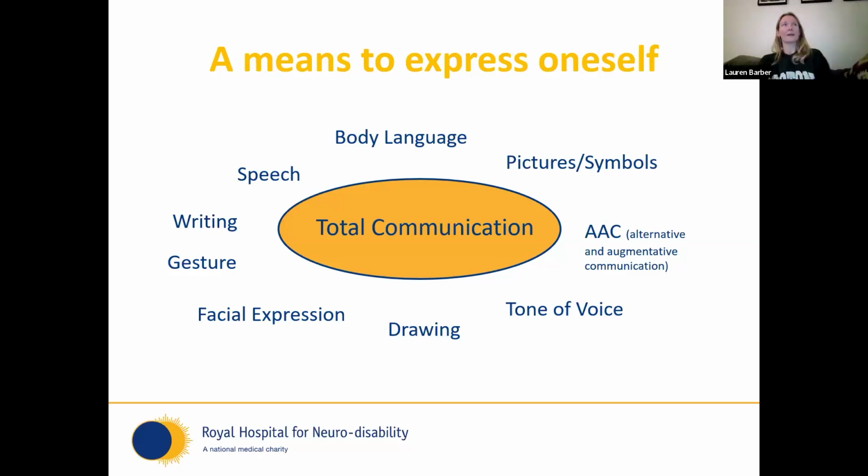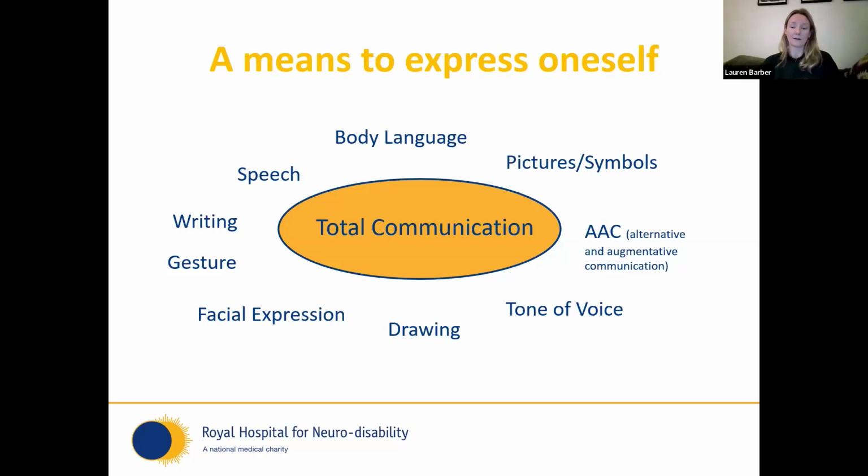And this can be high tech, which would be through using iPads or computers, which people can use in different ways to support their communication. They can access it with eye gaze or switches, and there's a lot of different ways of personalizing that depending on what someone can do. So low tech, which is things like paper-based alphabet charts, which again, people can use by pointing or pointing with their eyes.